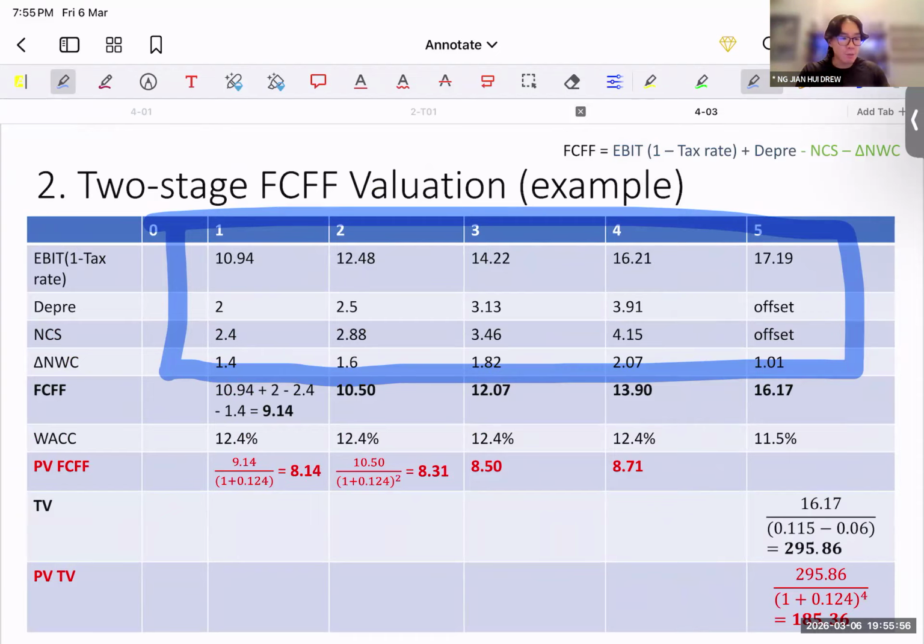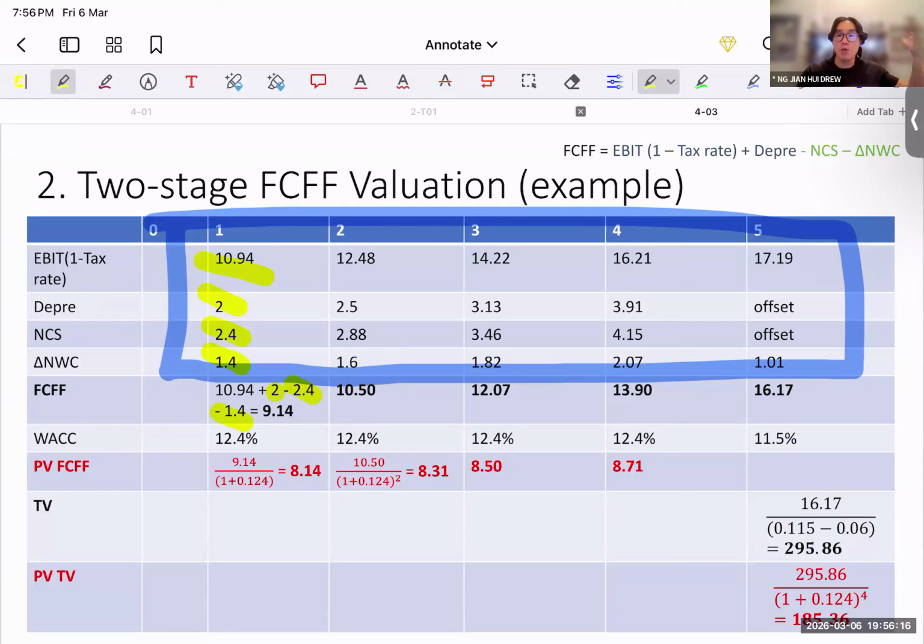I take my first component, which is 10.94, plus depreciation, minus NCS, and minus net change in working capital. I'm just plugging in all the components here for easy explanation.